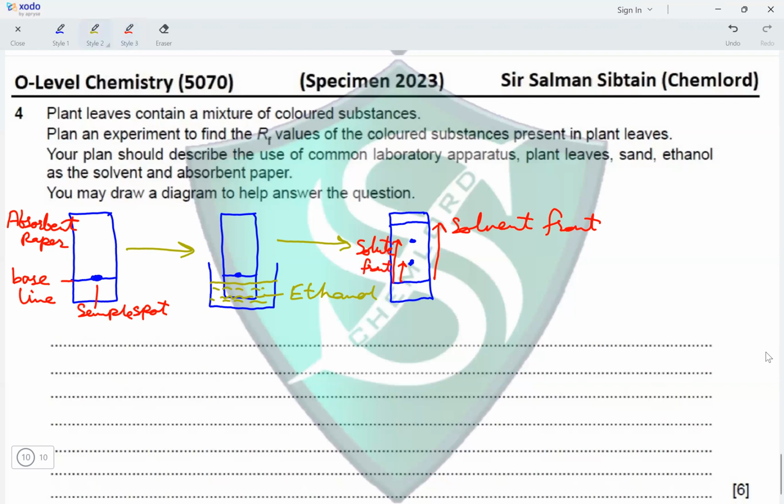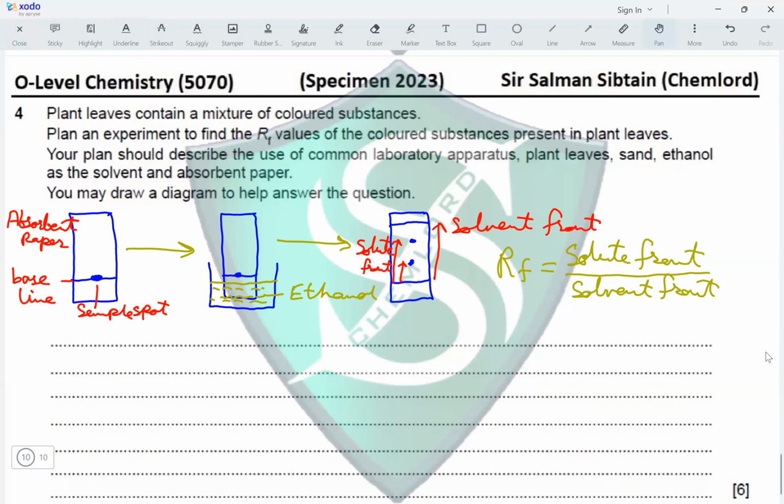And we have to calculate the RF value. So here the RF value will be defined as solute front, which is the distance traveled by the solute divided by the solvent front, which is the distance traveled by the solvent. So our diagram is complete.